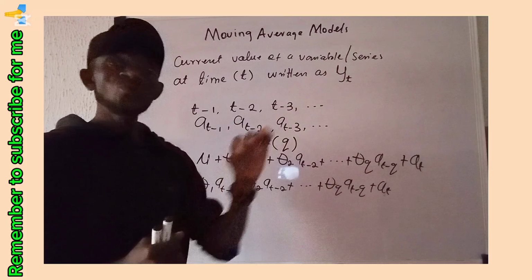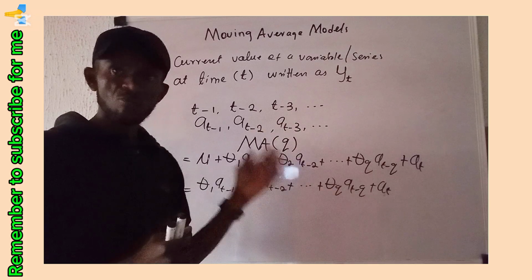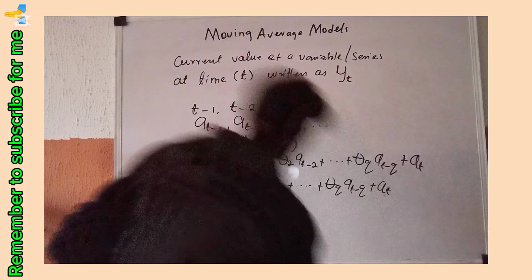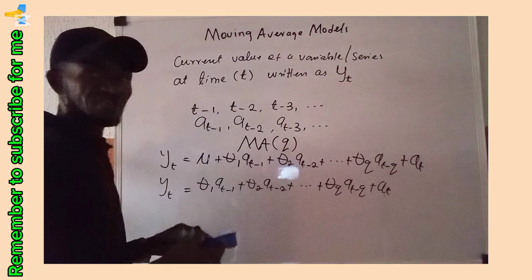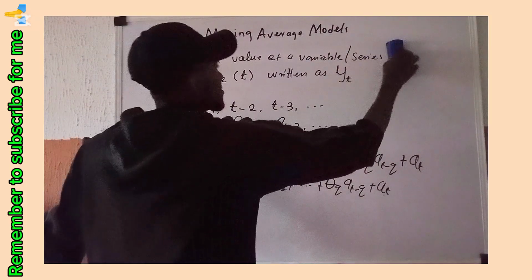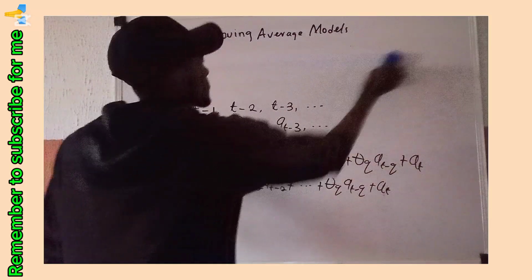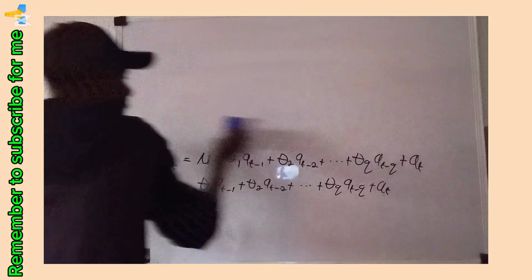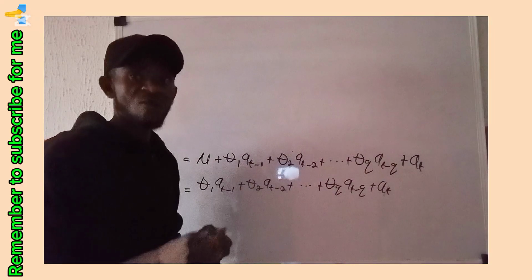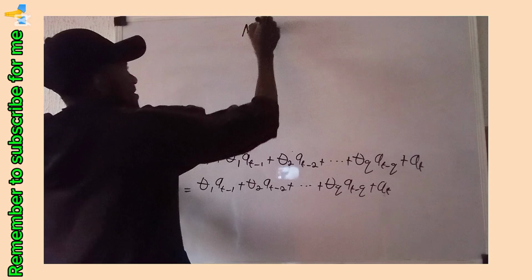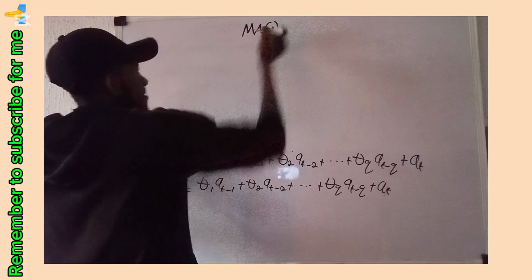And today we want to look in detail at the moving average model of order 1. So permit me to clean this. I will talk about the moving average model of order 1, which is abbreviated as MA of order 1.